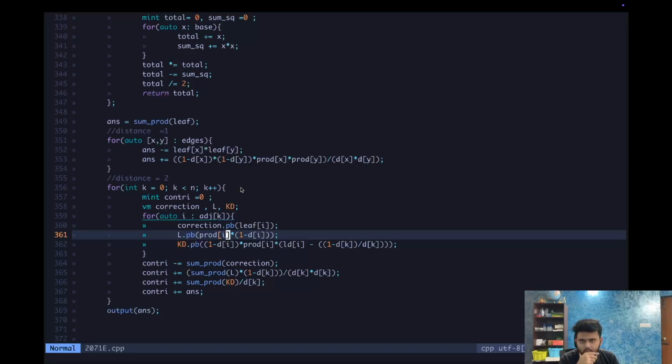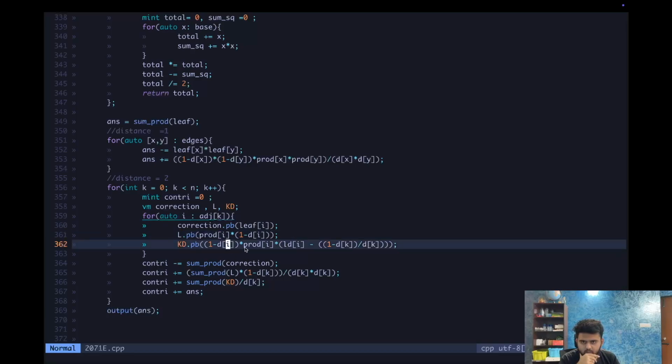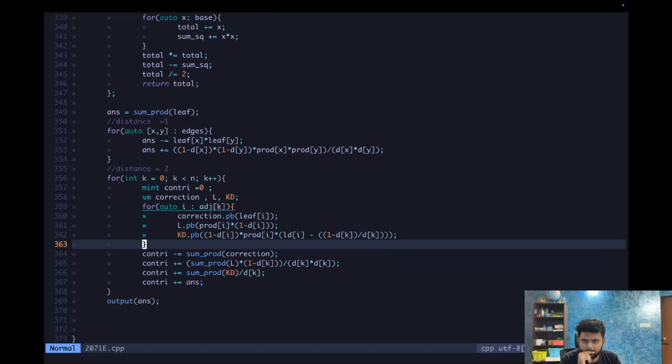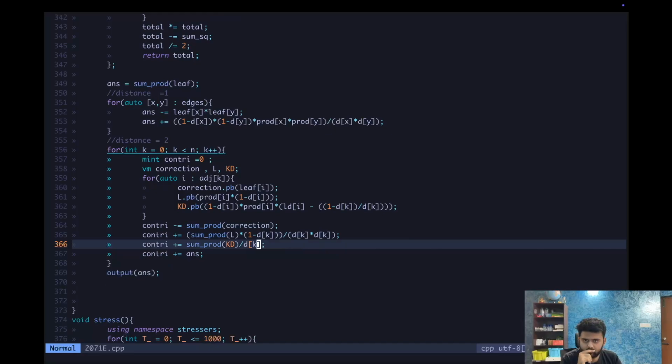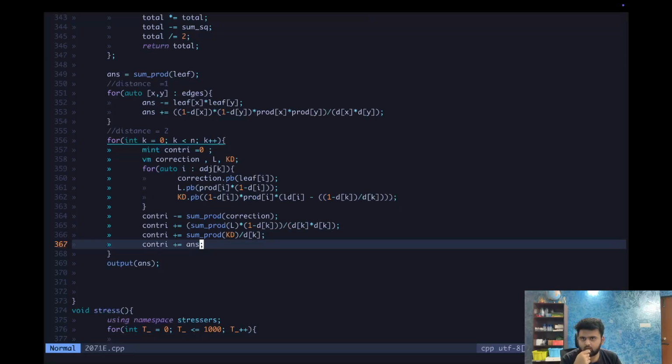For living, the probability is prob by prod i times that, and then for the sum of products I divide by k square and multiply with my probability of me living, and probability of the neighbor living, all its neighbors dying, and so we remove the probability that k lives, and we remove 1 dk for that, since they are common answers, and we divide by that.